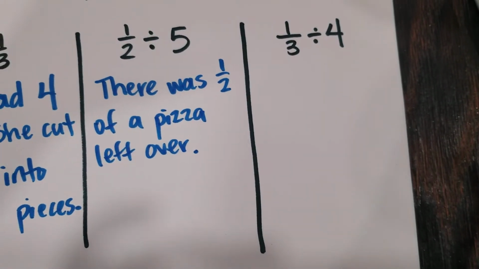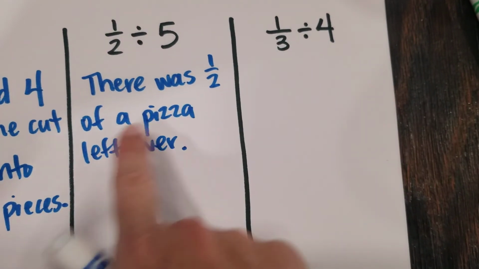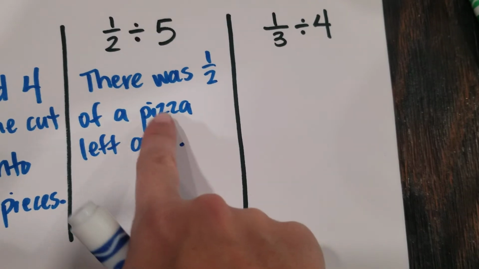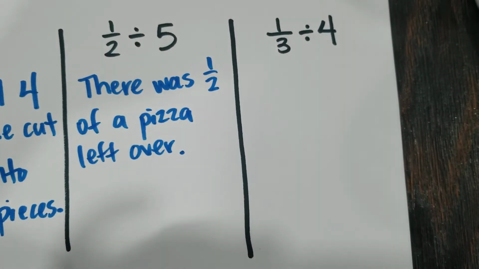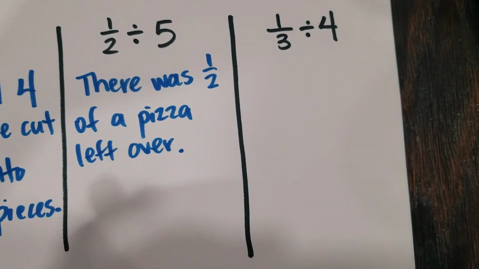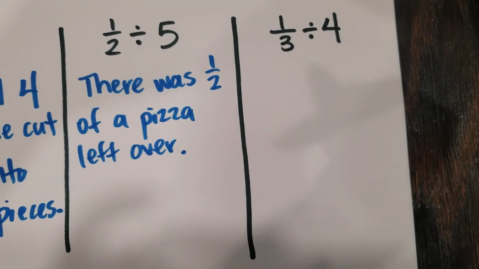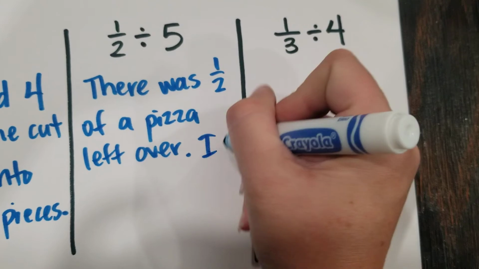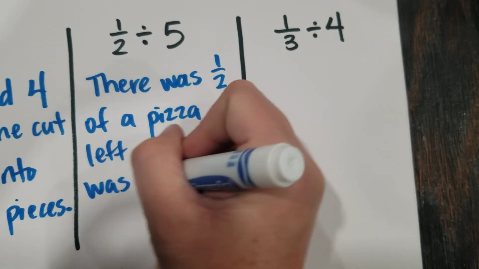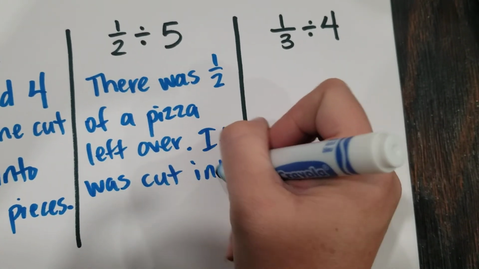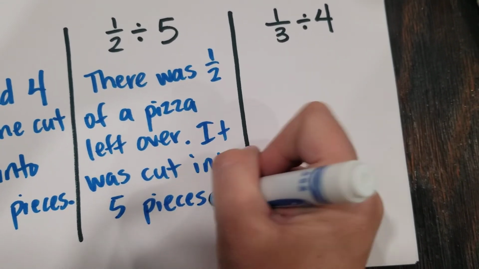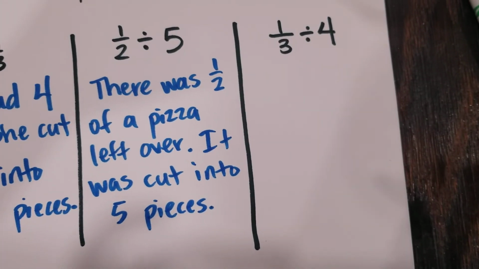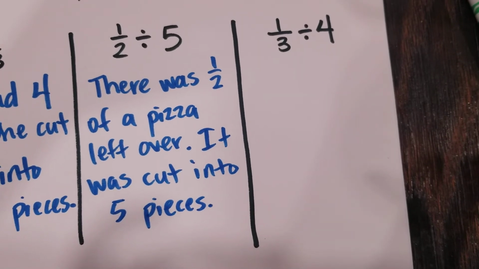Okay, there's my 1/2. I'm talking about the 1/2 being pizza. So we're going to cut this 1/2 of pizza, and I need to cut it into 5 pieces. So that could be, it was cut into 5 pieces. And there's our word problem for 1/2 divided by 5.